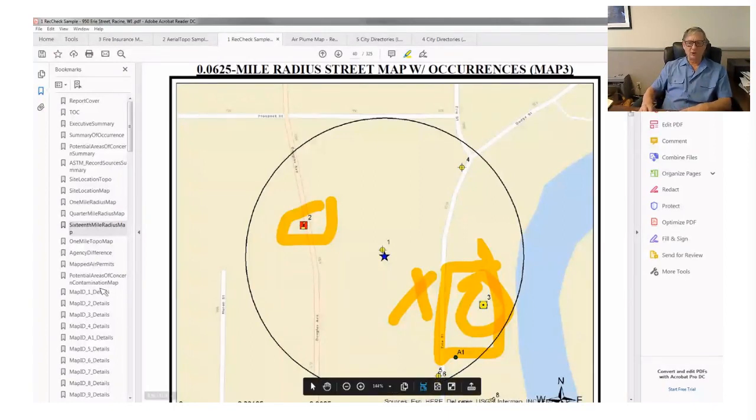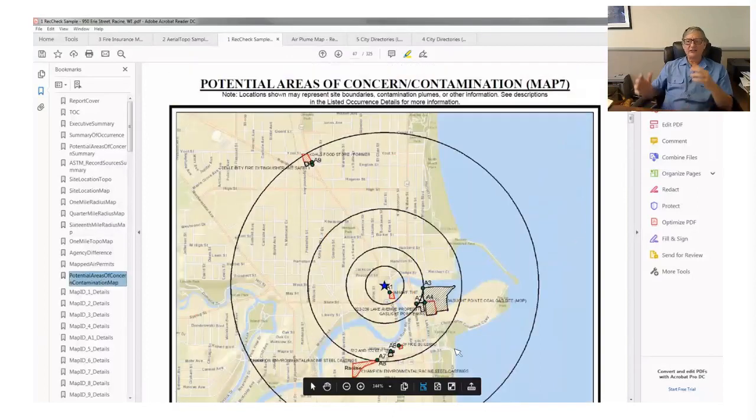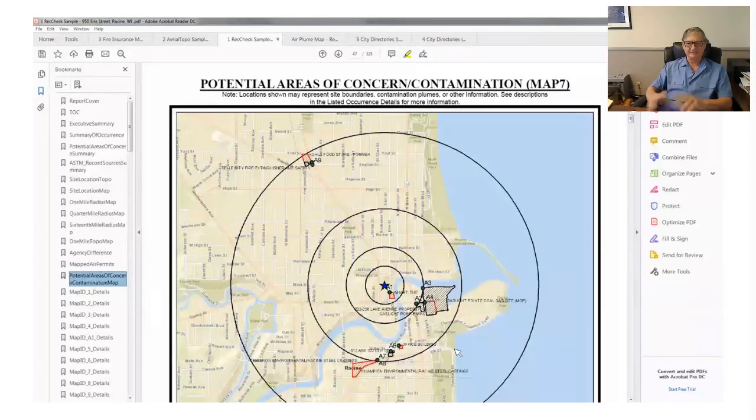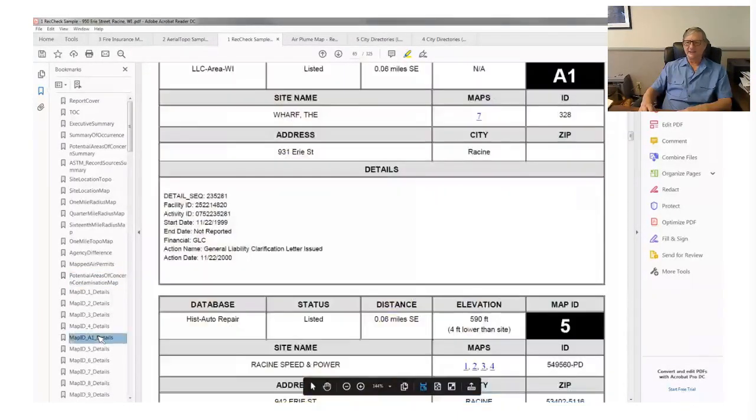So let's go one other thing right here. These are areas of contamination where they had contamination in the past. And you can see that they had a contamination right here, area right next to our site. Let's look at that detail, A1. And it's a general liability issue.